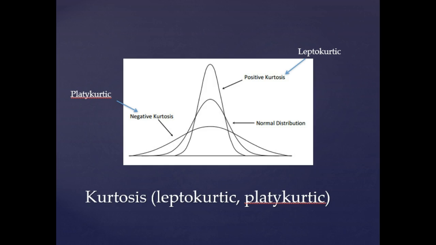And those positive and negative skews have some specific names. The skew is referred to as kurtosis. If something displays negative kurtosis, then that is known as platykurtic. If something is displayed as positive kurtosis, then that is known as leptokurtic.